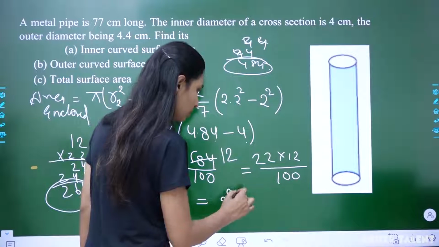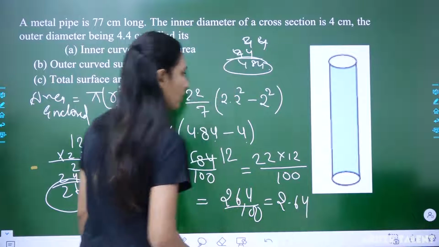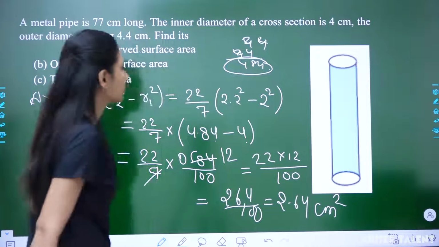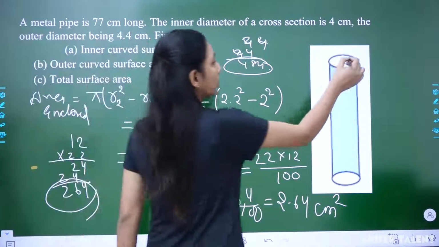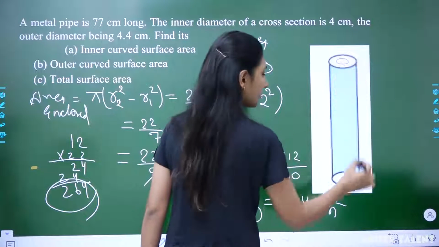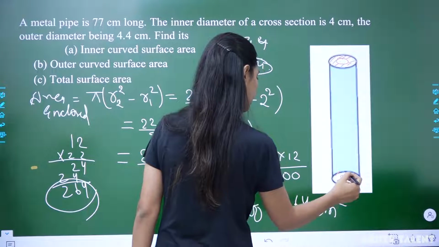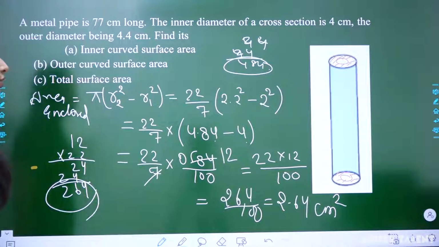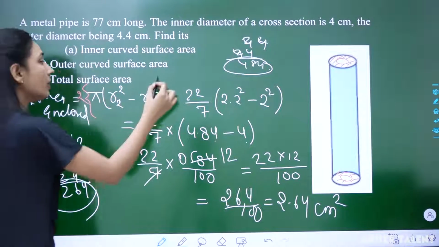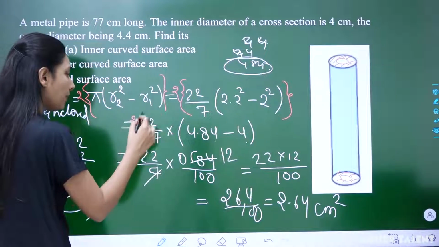So you will have 264 by 100, which will give you 2.64 centimeter squares. So this area is equal to 2.64, and for the whole calculation, the area enclosed is 2 multiplied by this. Why multiply by 2? Because we have the same thing on the top and the bottom.